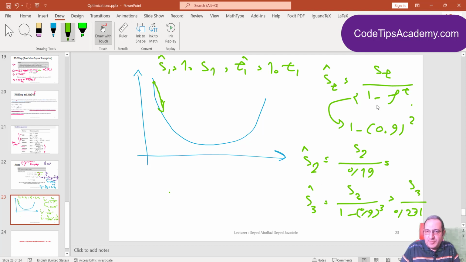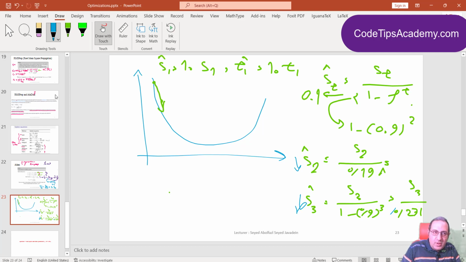What does this mean? We can see here that at the first steps we go to the global minimum with long steps, and after that we have a larger denominator, meaning a smaller S2 tilde, and again a larger denominator, and a smaller S3 tilde.